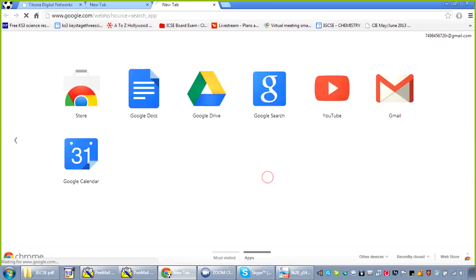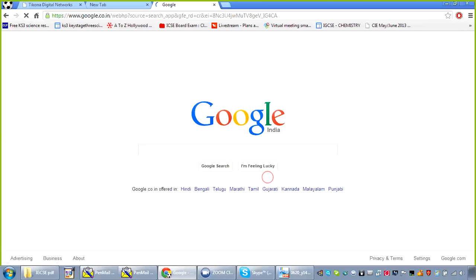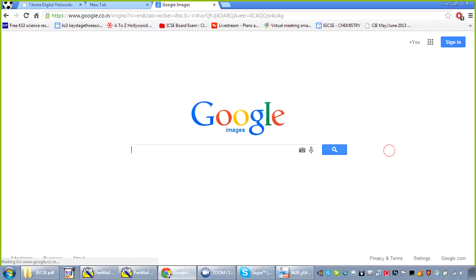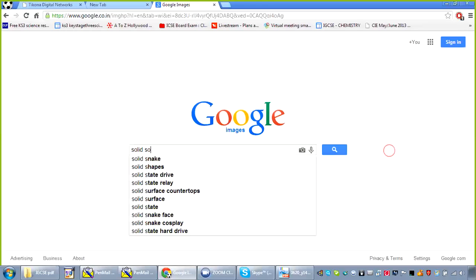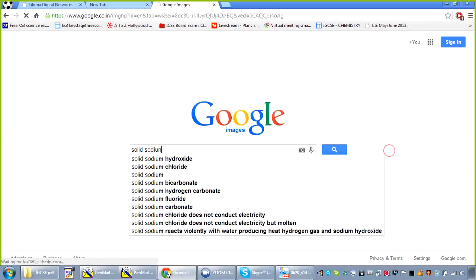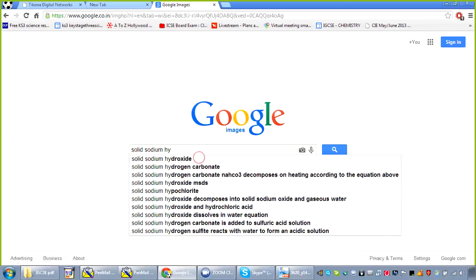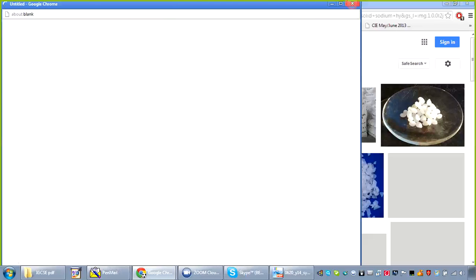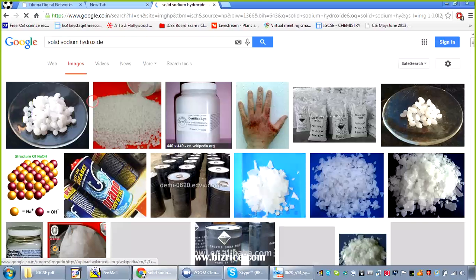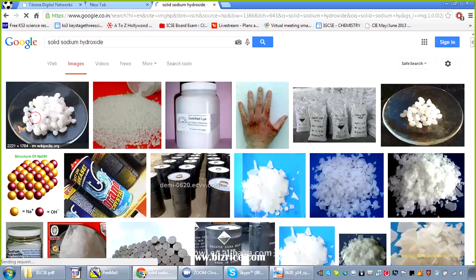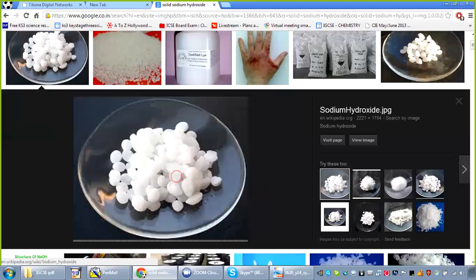I'll just show you some pictures also. You can see in this picture, this is solid sodium hydroxide.